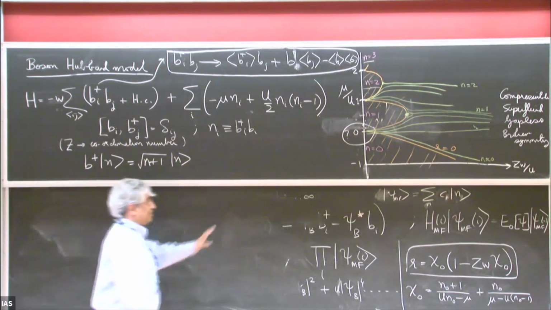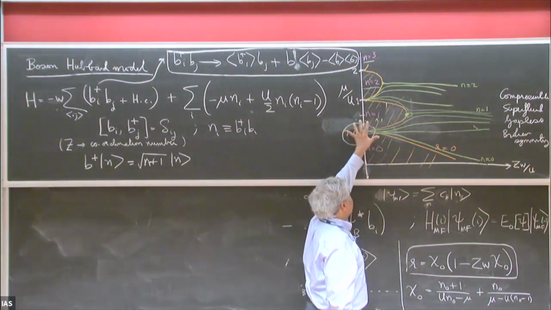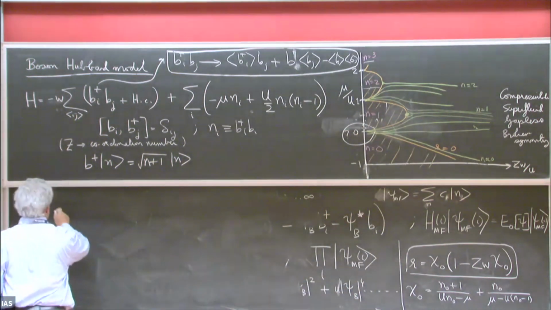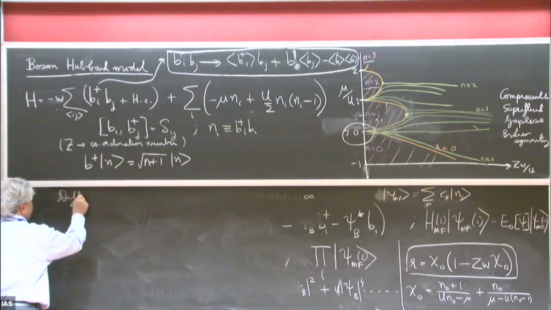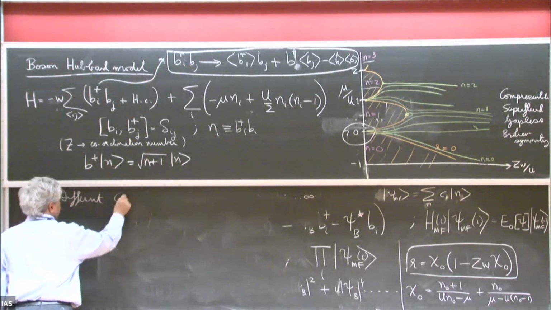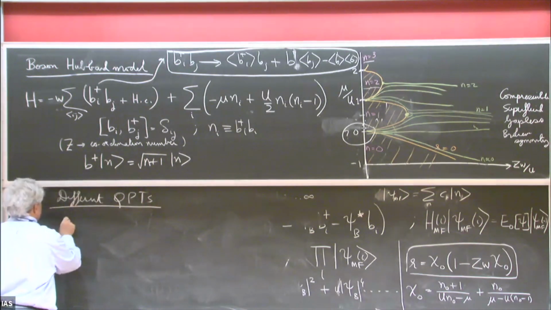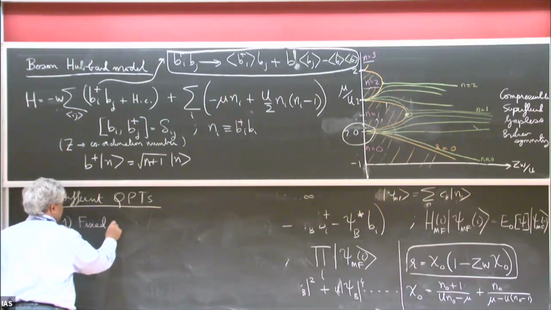I'm just trying to stay at finite W. One would be at fixed density, fixed integer density.